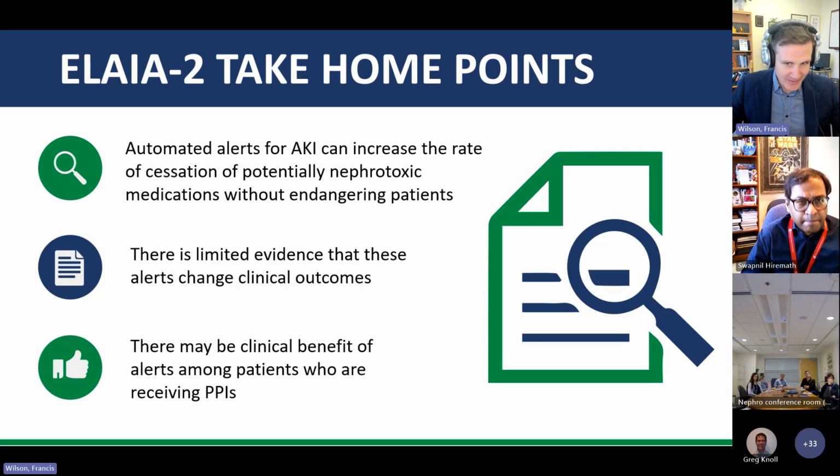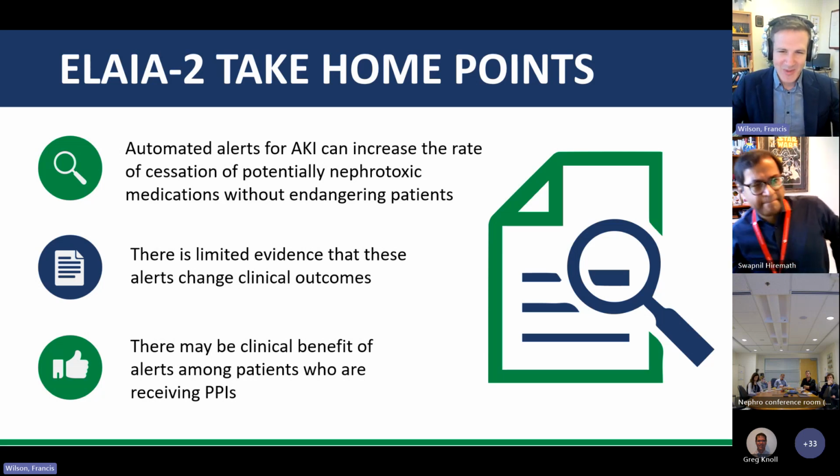Let's say there's a benefit of these alerts, a modest benefit. Well, how many people do you have to alert to get one person to not have progression of AKI? And is it worth it? Because alerts are kind of annoying and they distract providers from whatever it was they were meaning to do in the electronic health record in the first place.